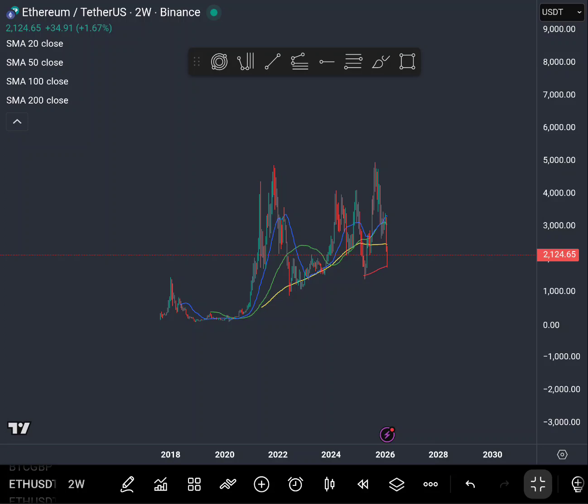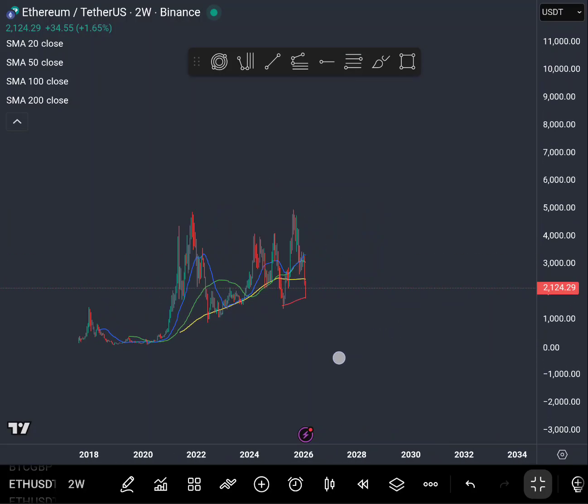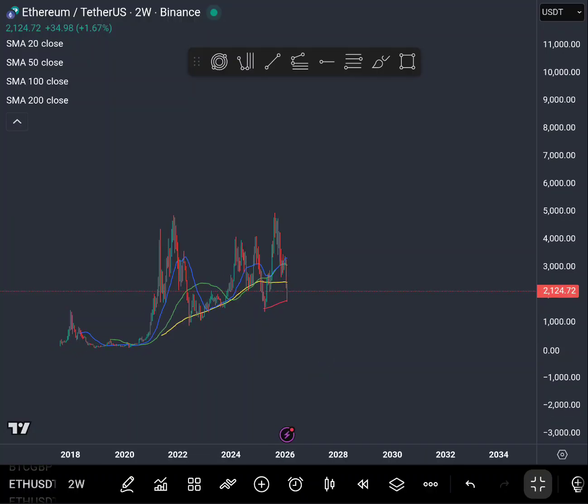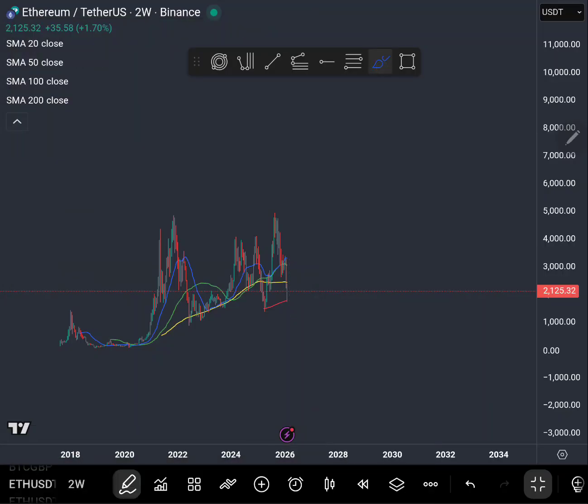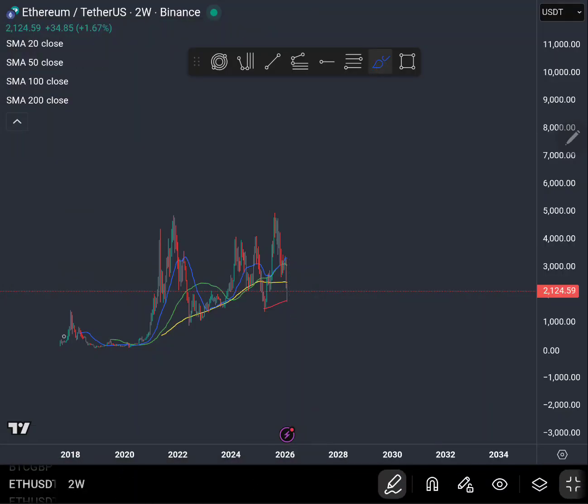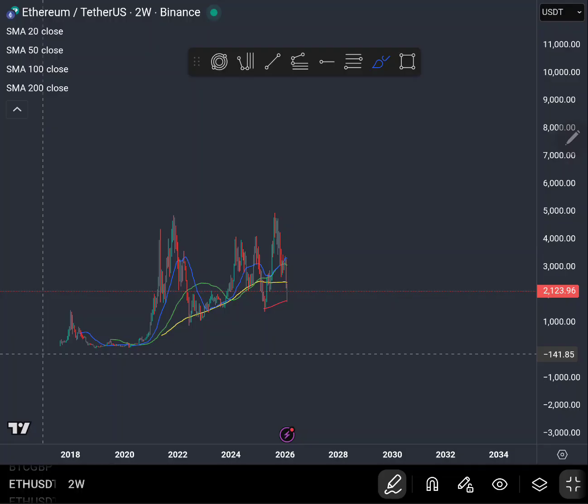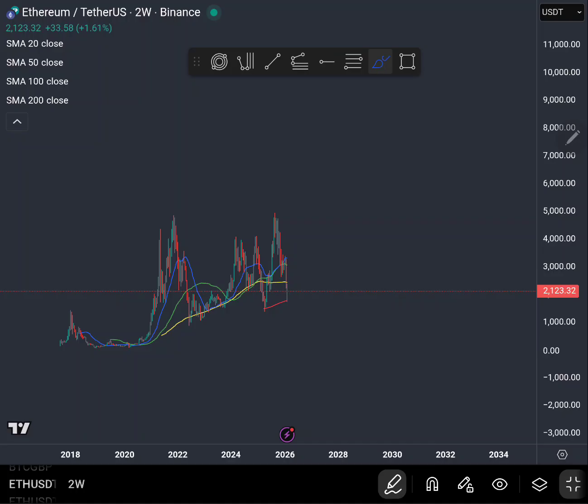Like I was saying with the wave count on Bitcoin, it's hard to say what this will do. But I would say there's two options here. Either it will do something similar to Bitcoin, or I think Ethereum is at a different stage right now.